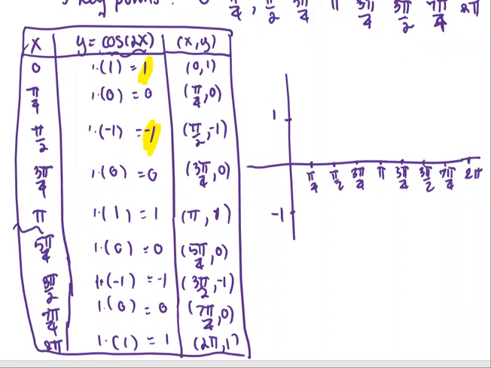Locate all the points: 0, 1, and the next pi over 4, 0, pi over 2, -1. So use a different color here.